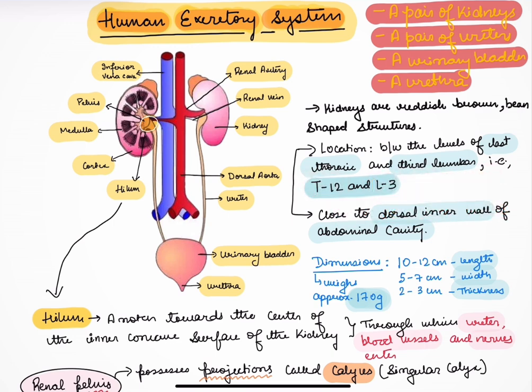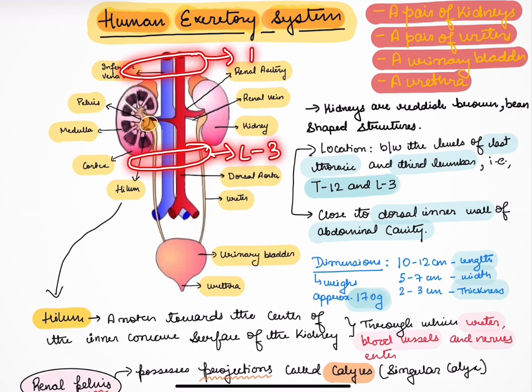So if we want to get an idea about where the kidneys lie, let's consider this is the last thoracic vertebra, and here is the third lumbar vertebra, and in between the rest of the vertebrae lie.